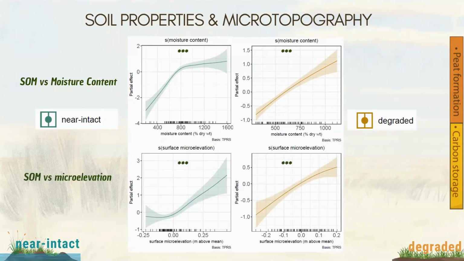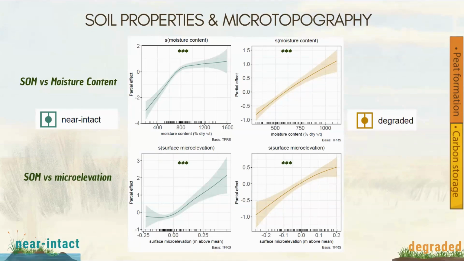Now, when we looked at the microelevation or microtopography, we thought that where there's higher elevation, it would be more anaerobic, and therefore you would have less soil organic matter. But for our sites, at these fine scales of 5 meters, 2 meters, where we see an elevational difference of 50 centimeters, we see that actually higher microelevation is associated with higher soil organic matter.